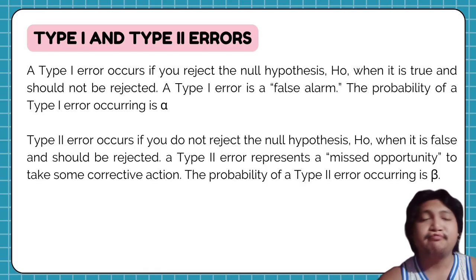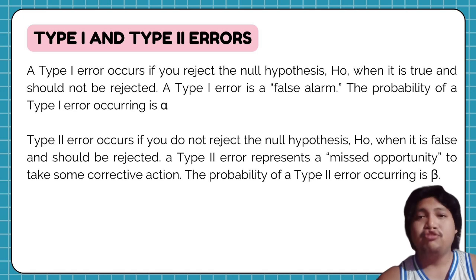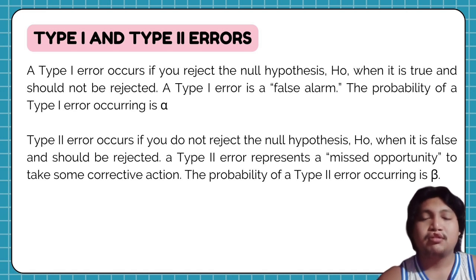That's the false positive. And the type 2 error, also called false negative, is failing to reject a false null hypothesis. In other words, you miss the real problem.